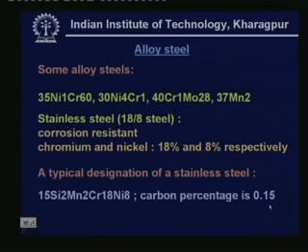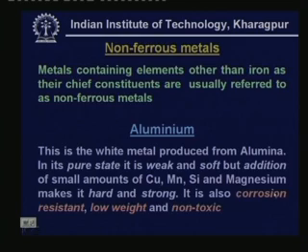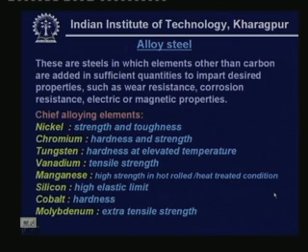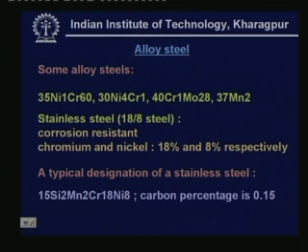Chromium and nickel percentages are 18 and 8, that means chromium 18% and nickel 8%. That gives rise to stainless steel. You have seen the properties of chromium and nickel in our earlier slide: chromium gives hardness and strength, nickel gives strength and toughness, and all these give the stainless steel.